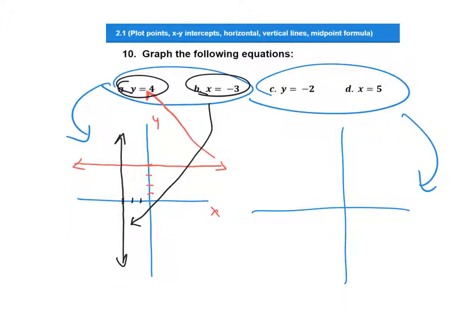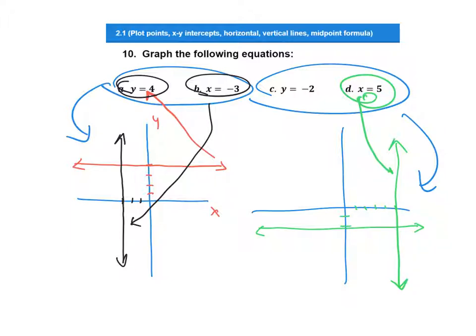On C, you've got y equal negative 2. I know I got to hit the y-axis at negative 2, so the only way to do that is draw a horizontal line. And then x equal 5 is to draw a vertical line at x equal 5. So notice that this equation is solved for x. It's vertical. It crosses the x-axis. Notice y equal negative 2. It will be horizontal. And notice that it crosses the y-axis.